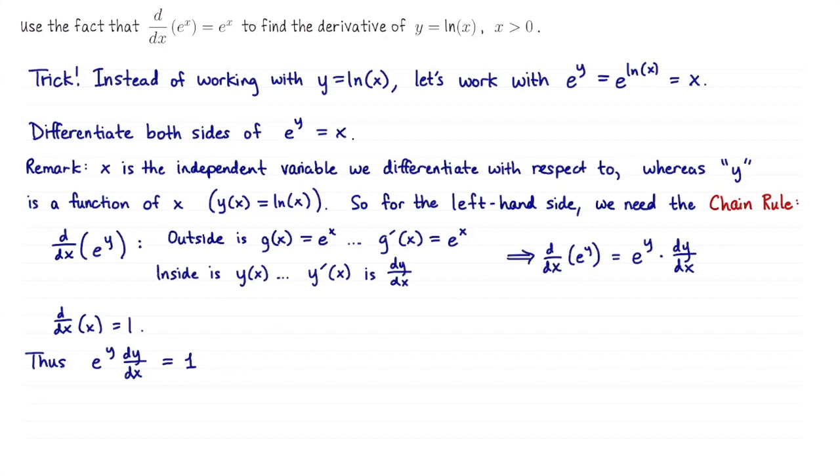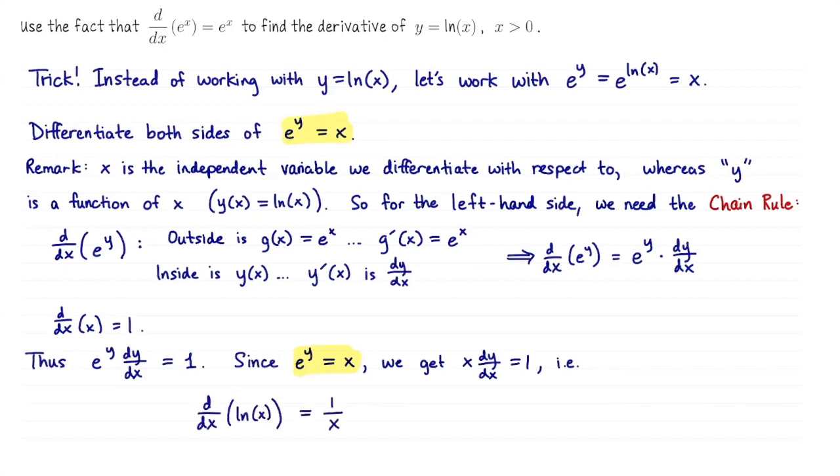So I could isolate that and say that dy dx is 1 over e to the y, but that's a little strange because it's not in terms of x. Keep in mind though, e to the y is x. That's actually the new equation that we brought into this calculation. So I can replace e to the y on the left-hand side and get x dy dx equals 1. This tells us that the derivative of natural log of x is 1 over x.